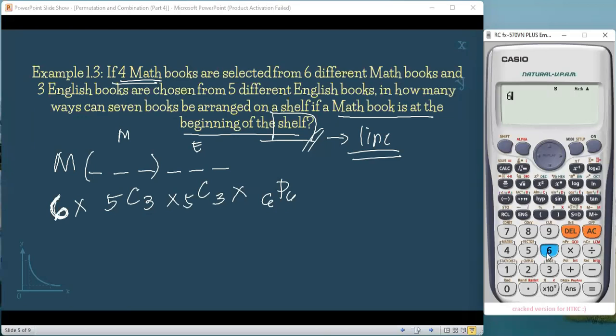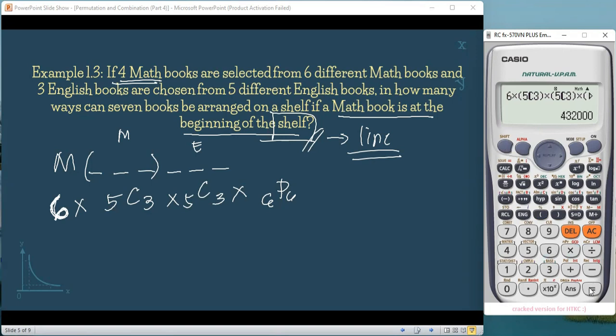So, that is 6 times the quantity 5 or the combination of 5 taken 3 at a time for the math. And we also have the combination of 5 taken 3 at a time for the English naman ito. And yun pong i-rearrange pa natin siya sa isang shelf. So that is the permutation of 6 taken 6 at a time.